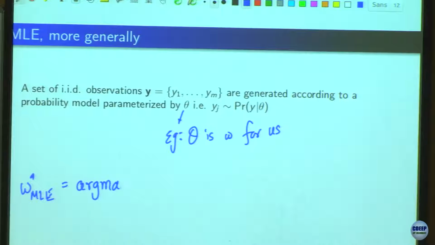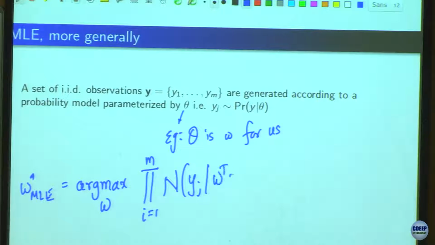is the parameters w that maximize the product, the same function as we showed in the previous slide, of yj given w transpose xj, comma sigma square.